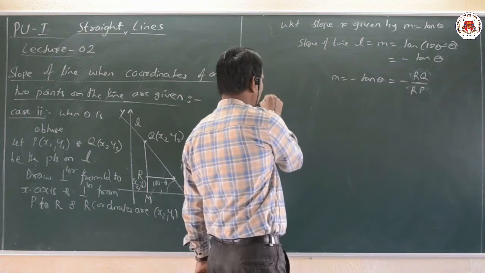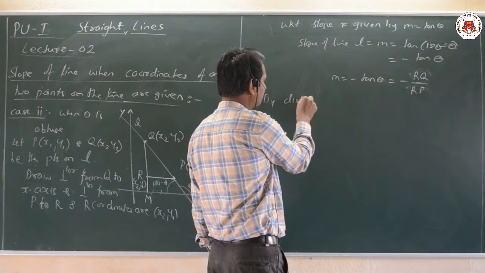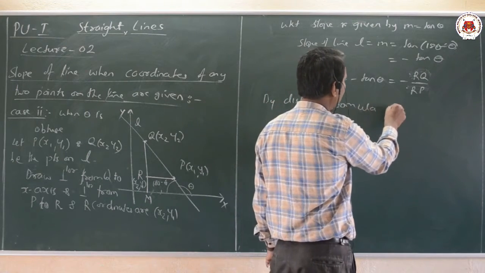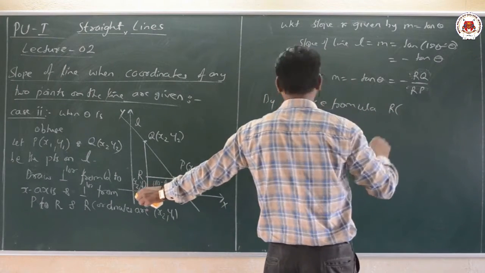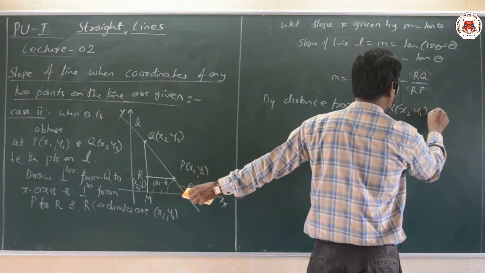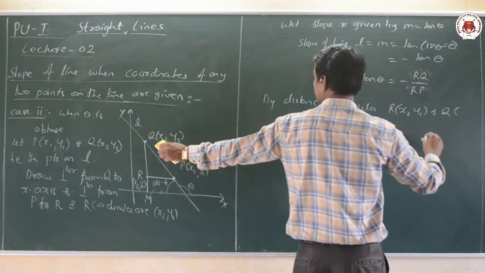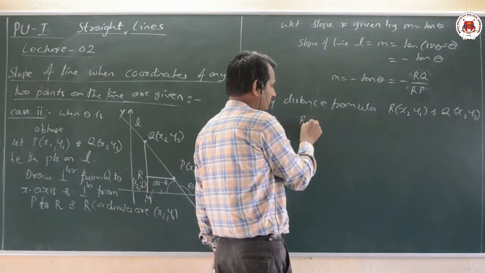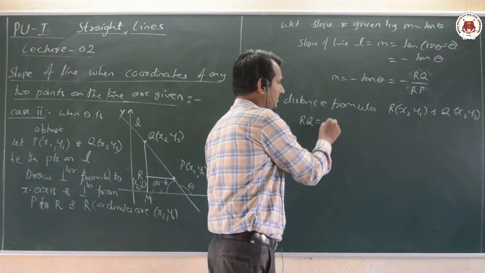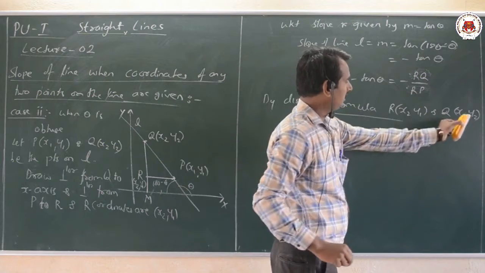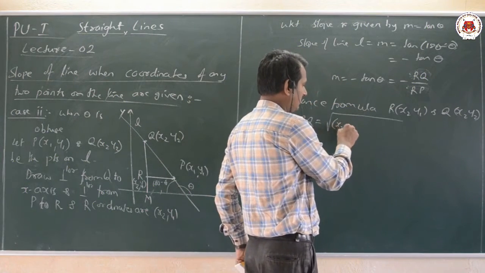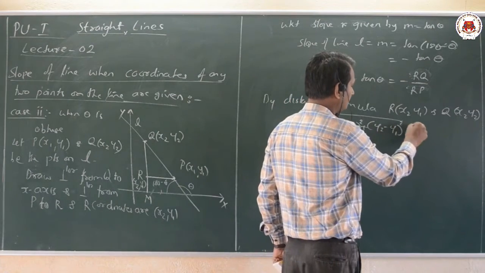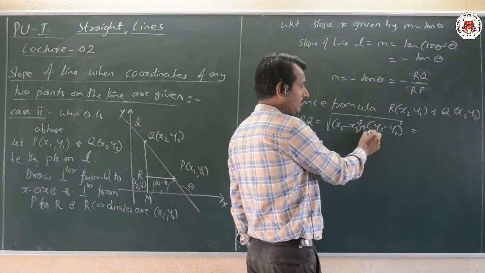Now by the distance formula, R has coordinates x2 y1 and Q has coordinates x2 y2. So RQ is equal to root of x2 minus x2 whole square plus y2 minus y1 whole square. The first term is 0, so the remaining part is root of y2 minus y1 whole square, which cancels, giving y2 minus y1.